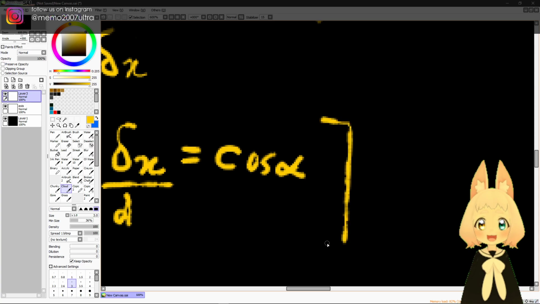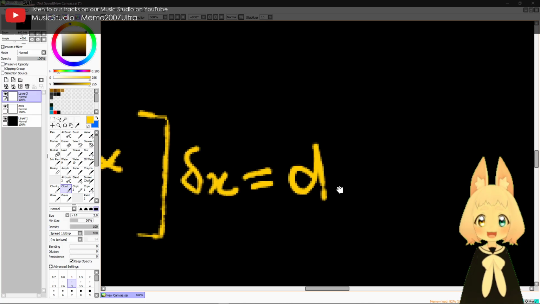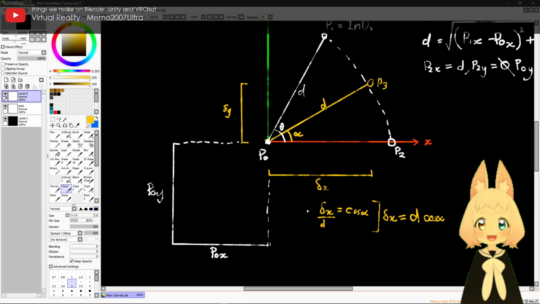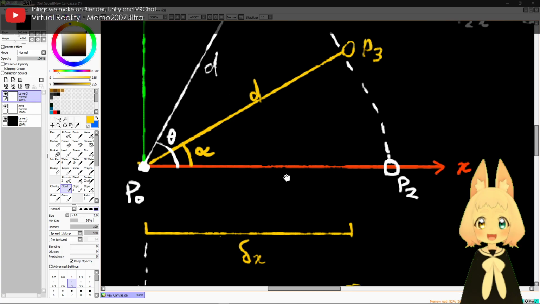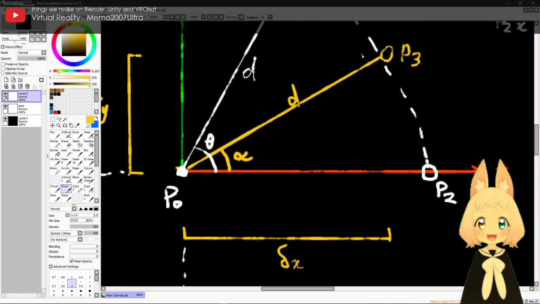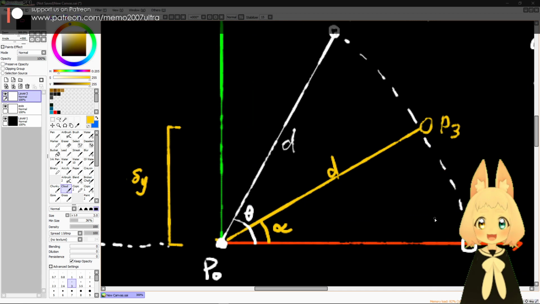This means that delta x is actually D cos alpha. So we have that because we have adjacent divided by hypotenuse.